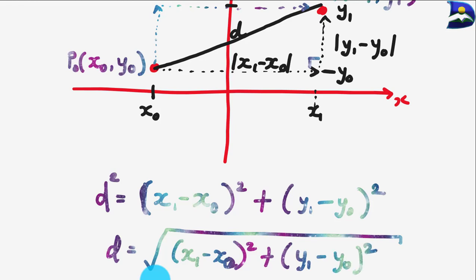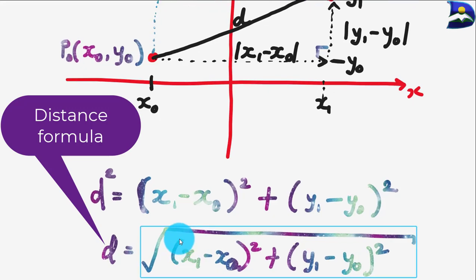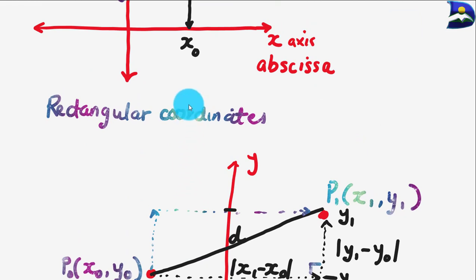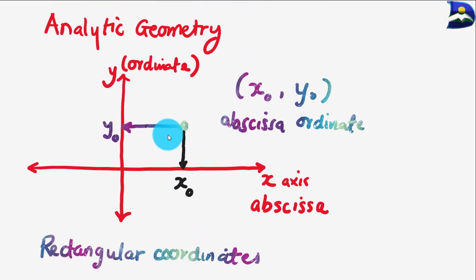And this is how you're able to not only determine the rectangular coordinate, which is wherever you're given just a coordinate point.